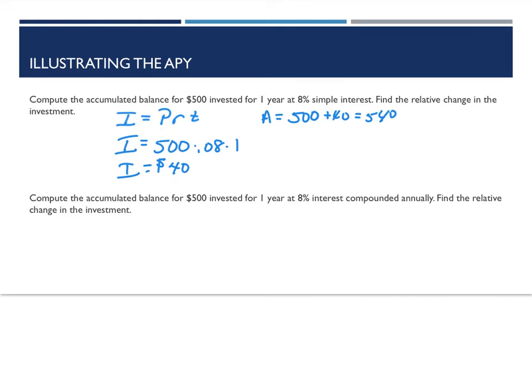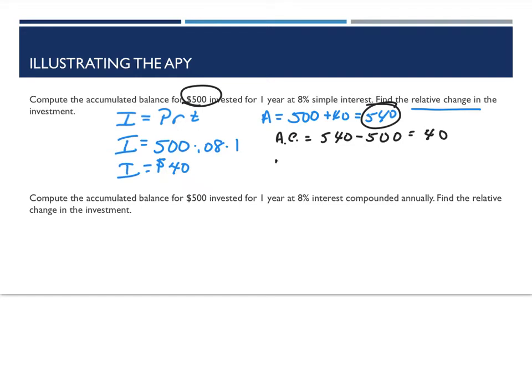Now we want to find the relative change in the investment. We started with 500, we ended with 540. So the absolute change in the investment, we earned $40, and the way we would represent that with a subtraction is 540 minus 500.